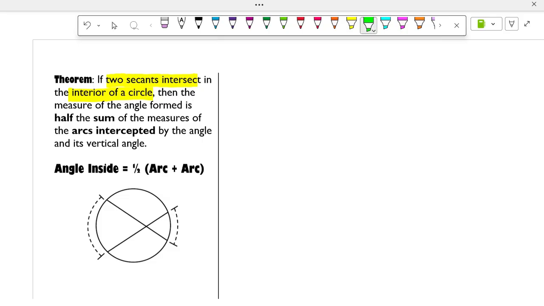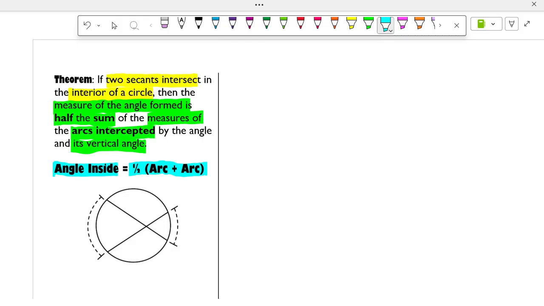Inside. Then the measure of the angle formed is half the sum of the measure of the arcs intercepted by the angle and its vertical angle. That's a mouthful, but it just chalks down to this. The angle inside is equal to half the first intercepted arc plus half the second. Or plus the second, or the sum of the two.